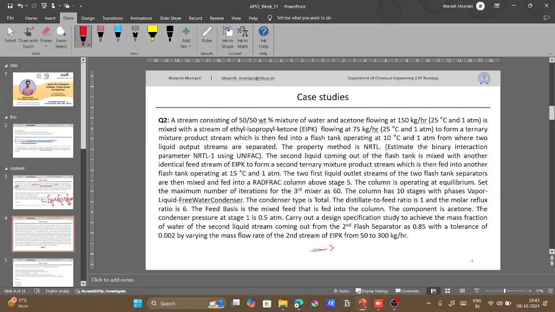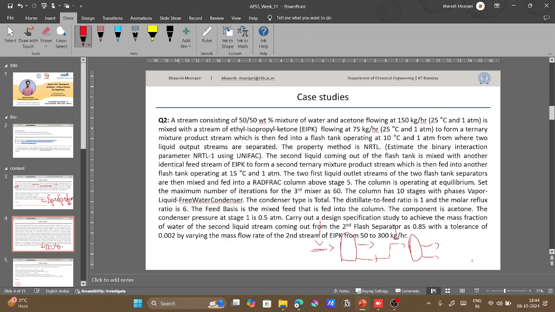So coming back to our problem, we have feed which is separated in the flash tank. From the flash tank we get two liquids. The second liquid is again fed into another flash column. At the entrance of both flash 1 and flash 2, EIPK, which is our solvent, is added.